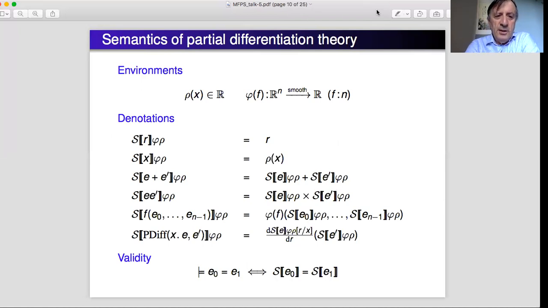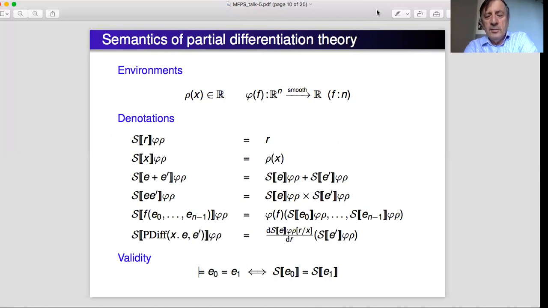The definition of the denotations is completely what you'd expect. If you look at the last 2 lines, when you look at a function application, you use the function environment to find out what function to apply. When you get to partial differentiation, you see what function x dot e is denoting, differentiate it, and apply it to whatever e prime is denoting. There's an assumption there, of course, that that denotation is smooth.